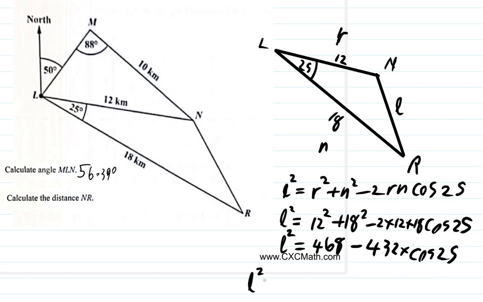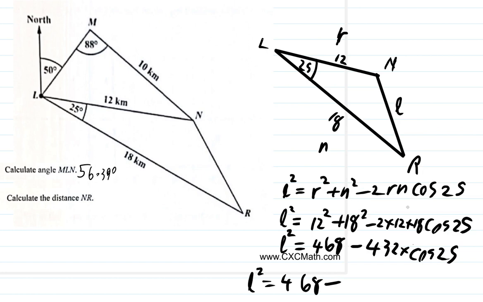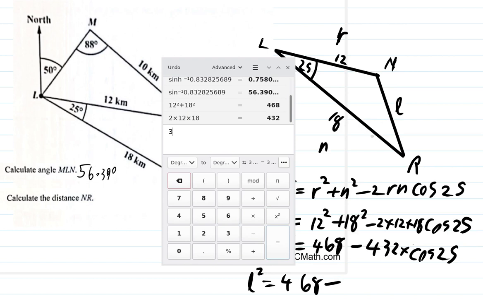So l squared is equal to 468 minus, let's just do that calculation straight. You could have found the cosine of 25, written it down and then multiplied it by 432. So here, 432 times the cosine of 25 equals 391.